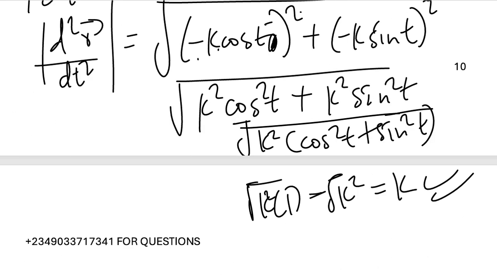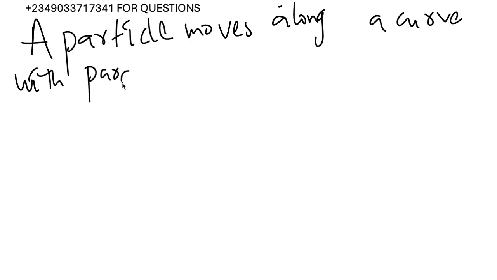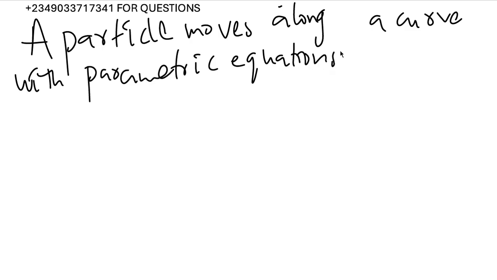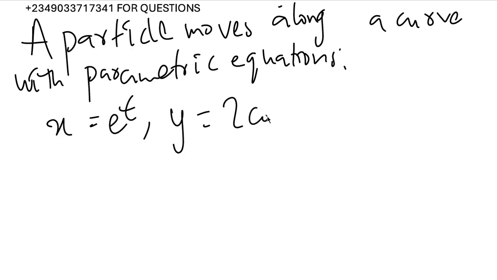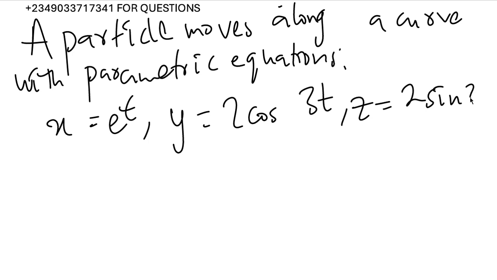And then lastly, I'll take this question. I want you to pause the video and attempt this, and then we'll go to equation of normal and then 3D plane. So if it says that a particle moves along a curve with parametric equations x equal to e to the t, y equals 2 cos 3t, and z equals 2 sine 3t.